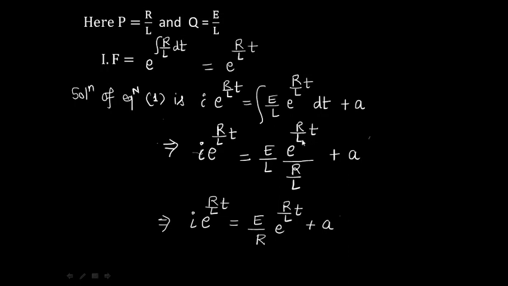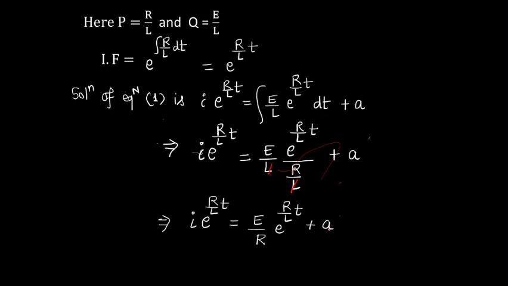Here a is R/L, plus A. Now here you will find L will get cancelled, and we are left with E/R times e raised to the power (R/L)t, plus A. So this is the simplification, provided we know the value of this arbitrary constant of integration.